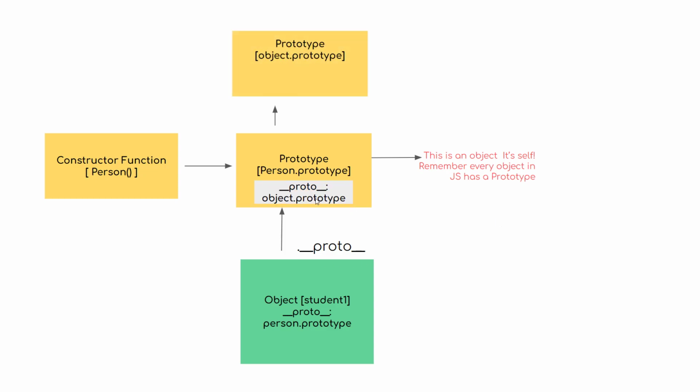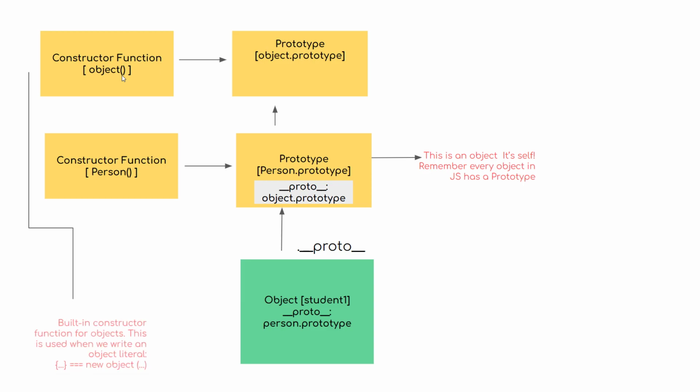So it has a prototype, and this is Object.prototype. Once we create that, it creates another object, the prototype object. Then the next one is calling the constructor function with the name Object, the built-in constructor function for Object. This is used when we write an object literal like that.